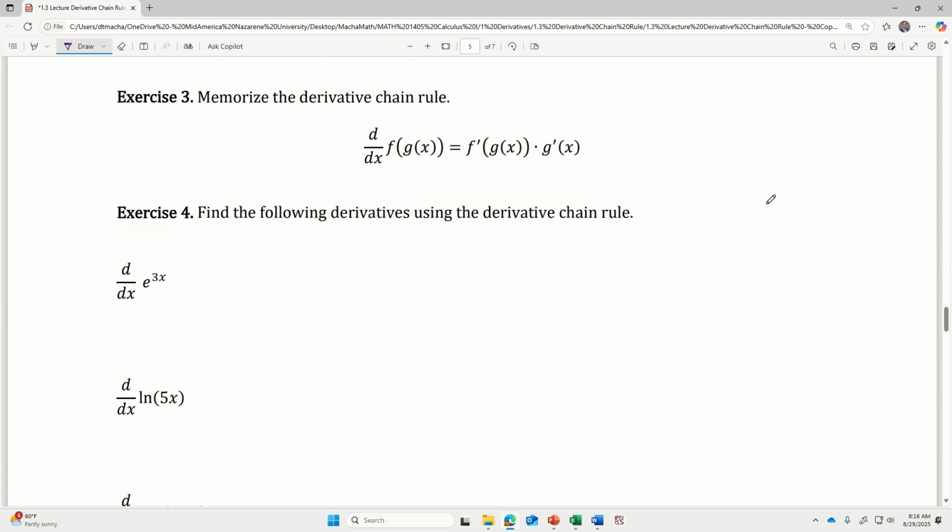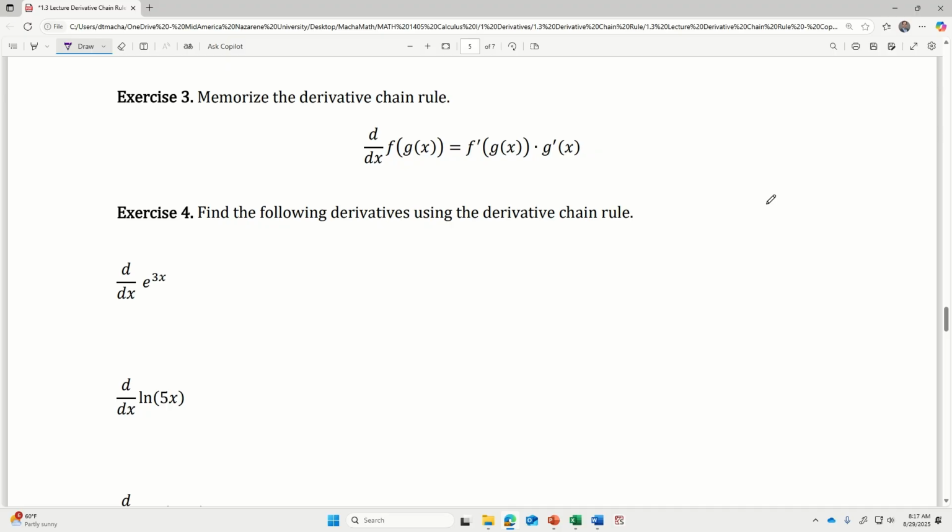So this is called the derivative chain rule. Again, this is already typed out for you in your little packet of things you must eventually memorize. And the derivative chain rule says this. If I've got a derivative of a composition of functions, so I'm taking the derivative of f of g of x, f is my outside function and g is my inside function. Then this derivative is going to be f prime of g of x.